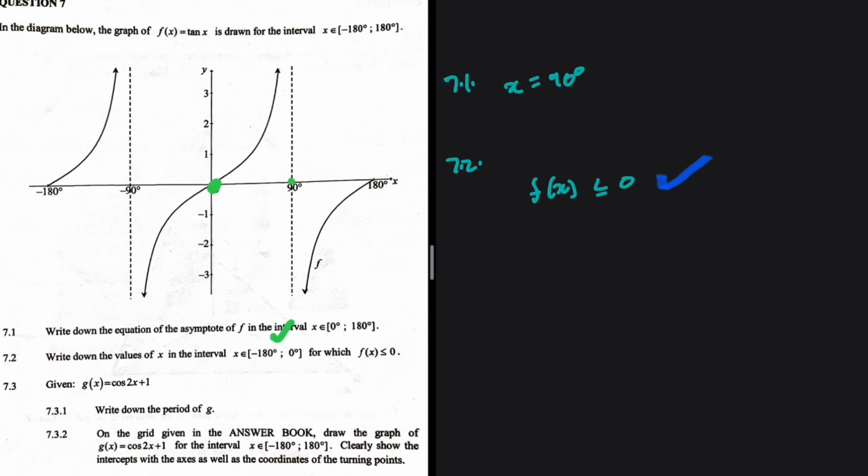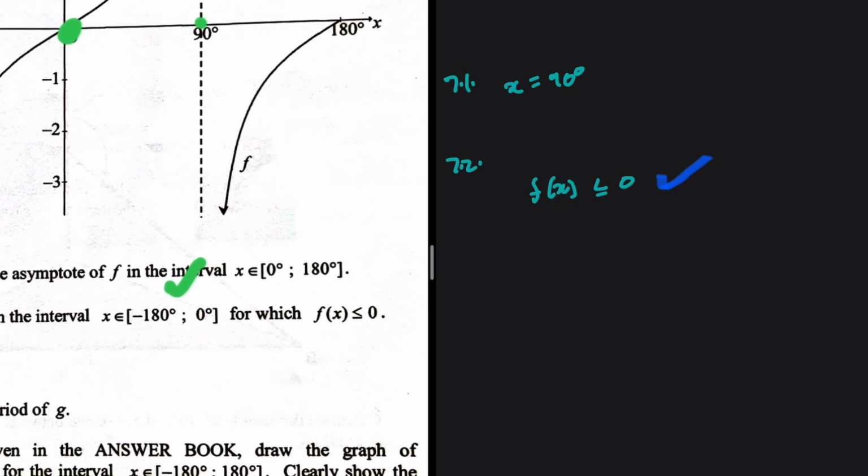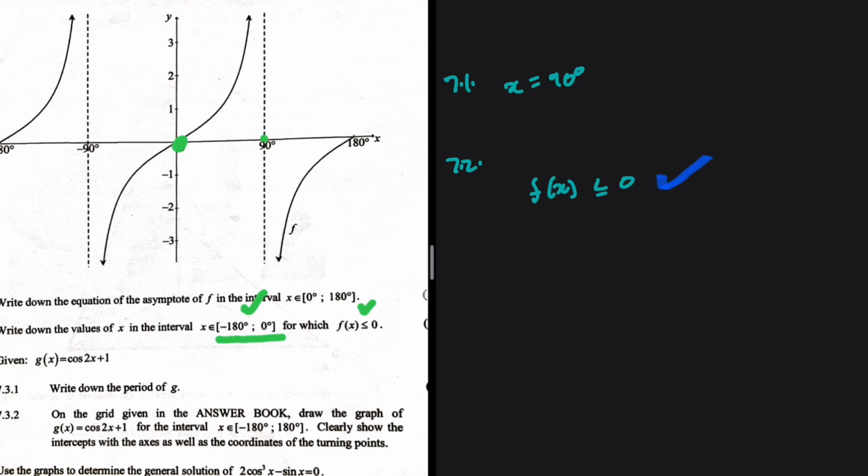Why do I say it should be part of our solution? Because you're looking for parts where f of x is less than or equal to 0 in this interval, and that interval includes minus 180.